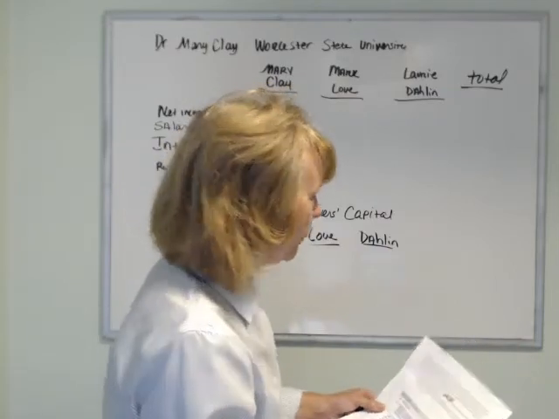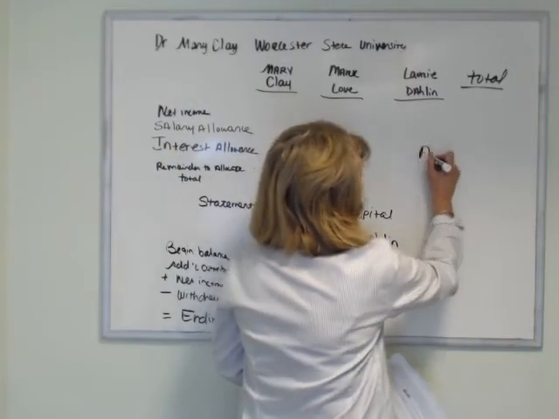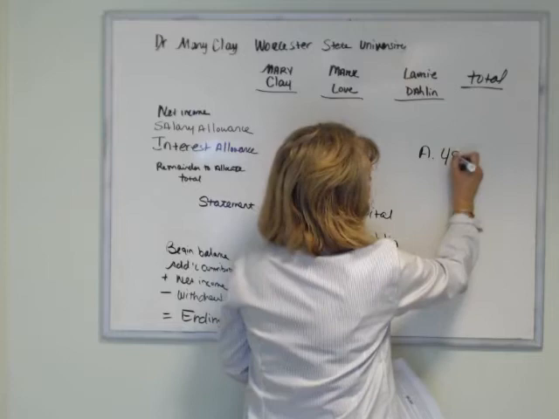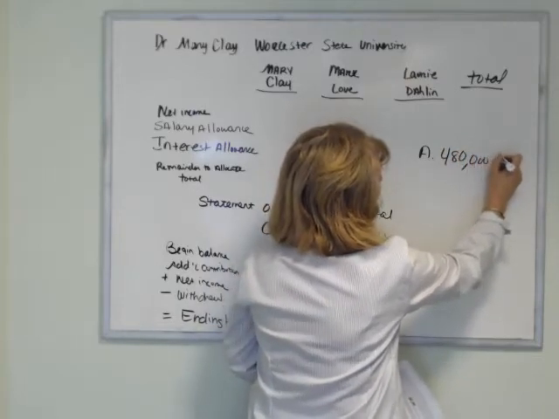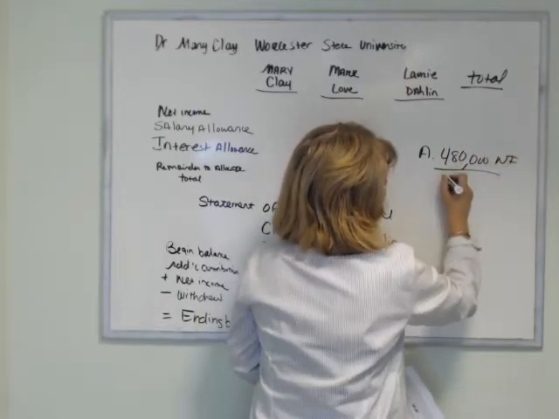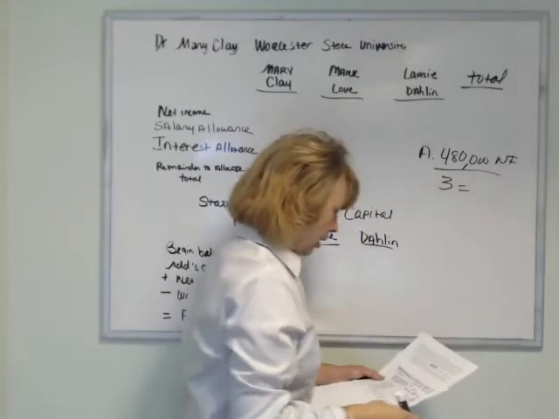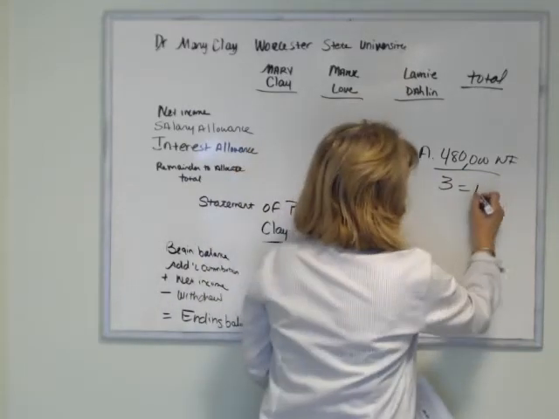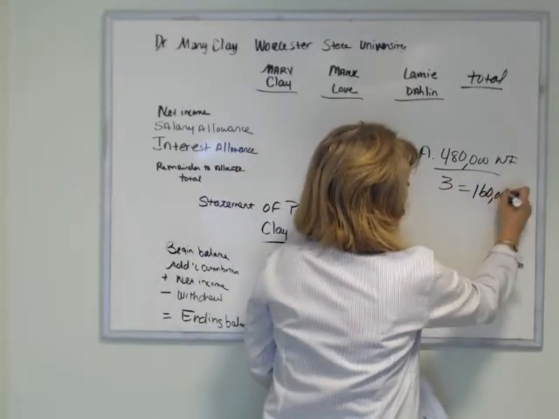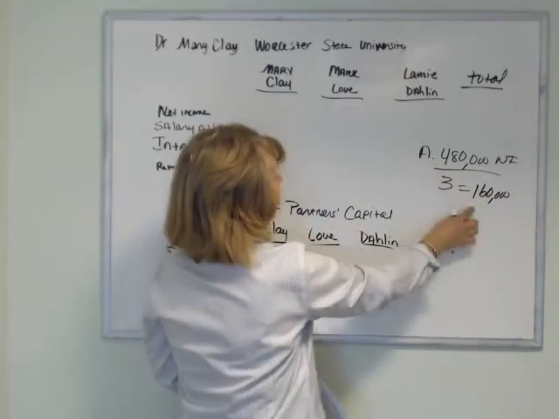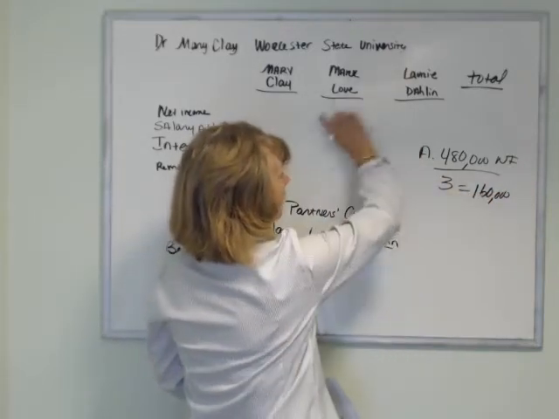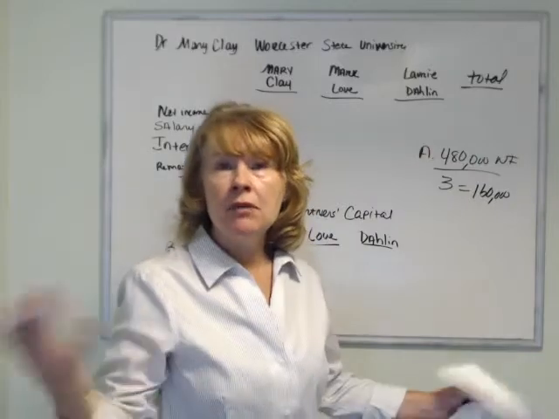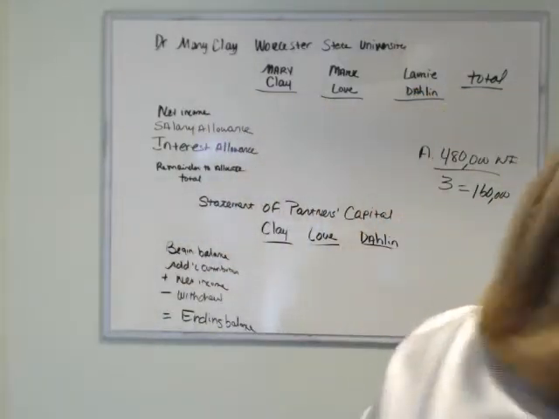So if it's 50-50, let me write it on the board. 480,000 of net income. All you do is you take that and you divide it by 3. So each partner will get 160,000. Clay will get 160, Love will get 160, DeLean will get 160. Done. Okay? That's A.